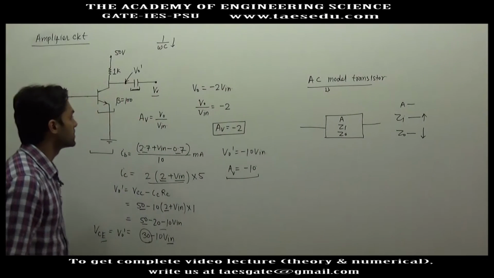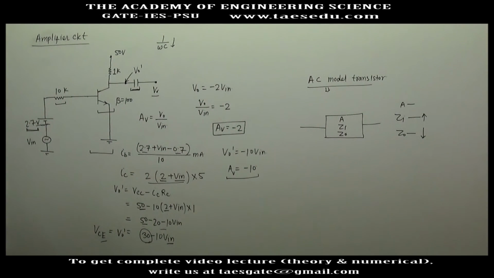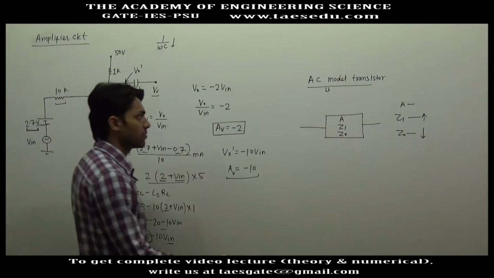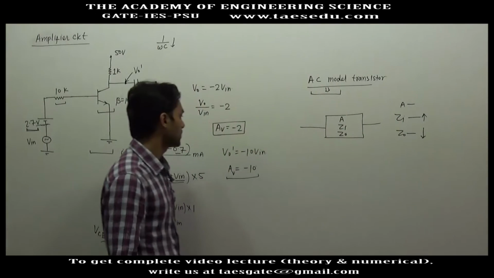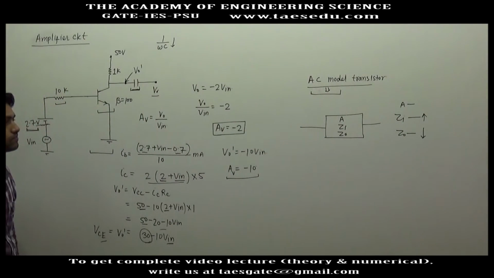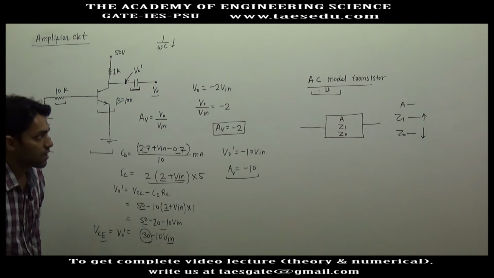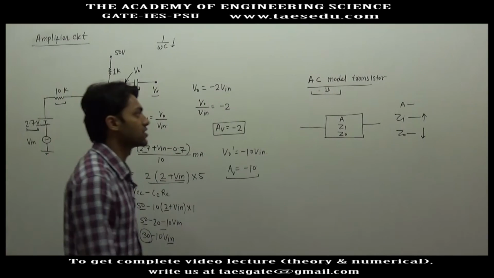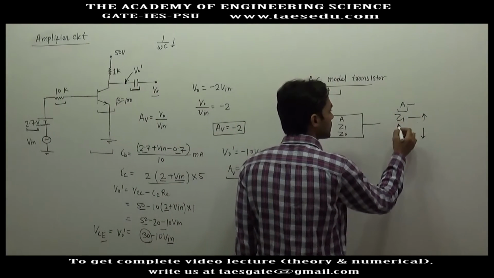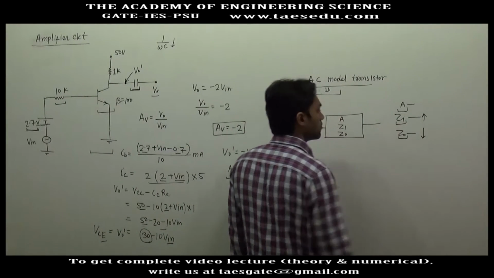So apart from gain, input impedance and output impedance are also important. With the help of the AC model, the calculation becomes easier. After finding the AC model, we will derive expressions for voltage gain, input impedance, and output impedance.